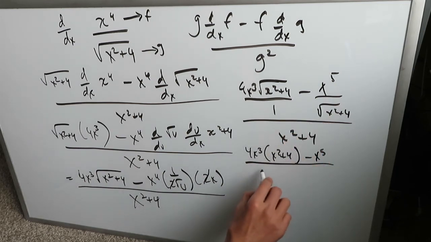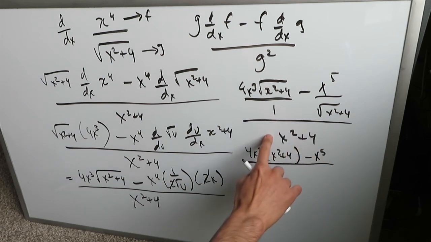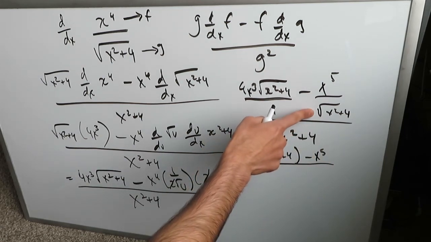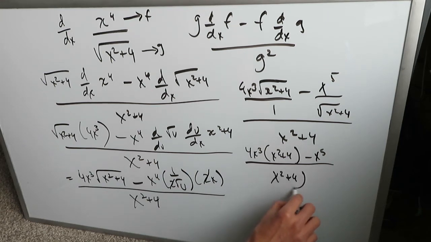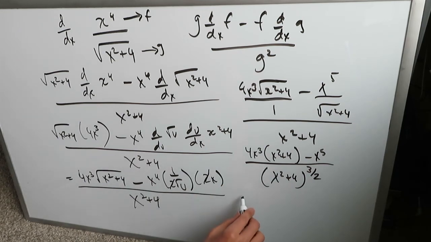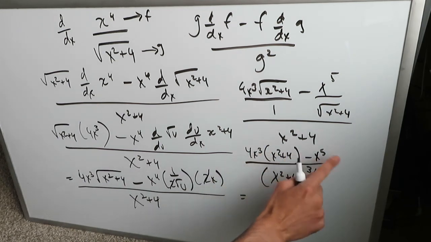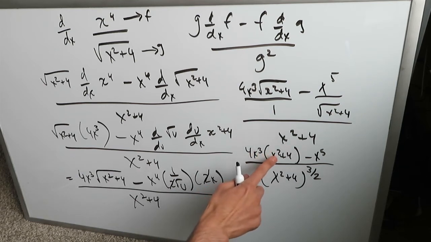Root x squared plus 4 can actually be attached with the denominator over here, because when you flip everything around, this x squared plus 4 will multiply by this root x squared plus 4, and you really get x squared plus 4 to the power of 3 over 2. Remember, this is all algebra part. You can verify this alone on your side. If you want to take everything to the last step, it would involve the opening of all of this. 4x cubed times x squared would be a 4x to the power of 5.